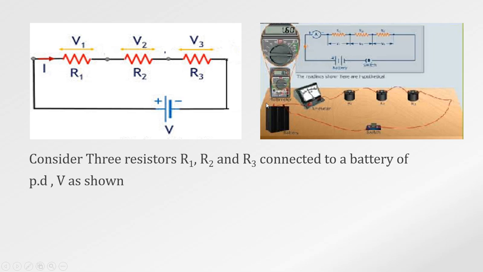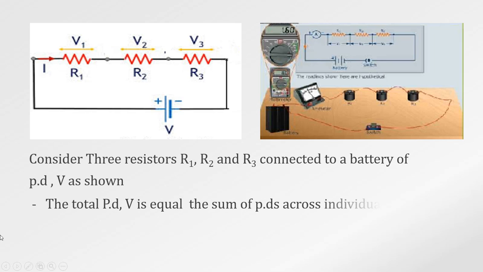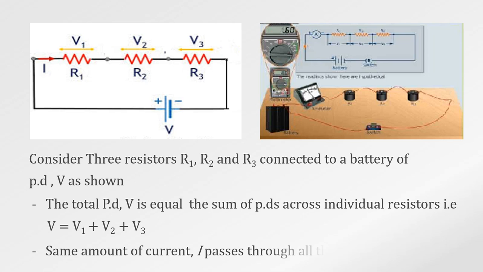The total PD is equal to the sum of the PDs across the individual resistors: V1 plus V2 plus V3 is equal to V. But we also saw that the current delivered by the battery is the same through all of them. So current I passes through all of them in series.